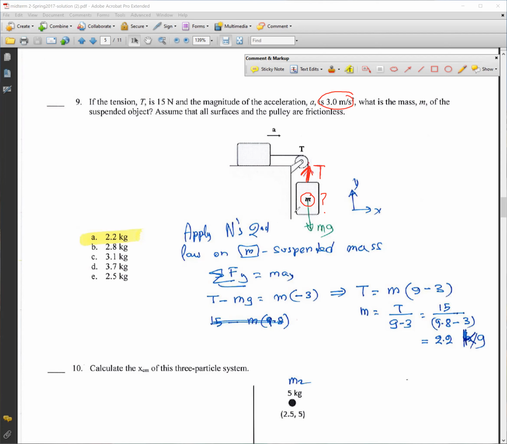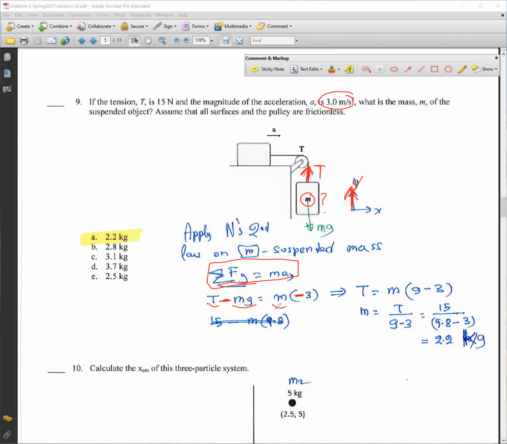Now, if I apply Newton's second law on the suspended mass, the net force along y will be equal to mass times acceleration along y. I'll take positive y pointing up, which means tension will be positive and mg will be negative, as we're used to by now, equal to mass times acceleration. Because it's accelerating downward, I'll take the acceleration as -3.